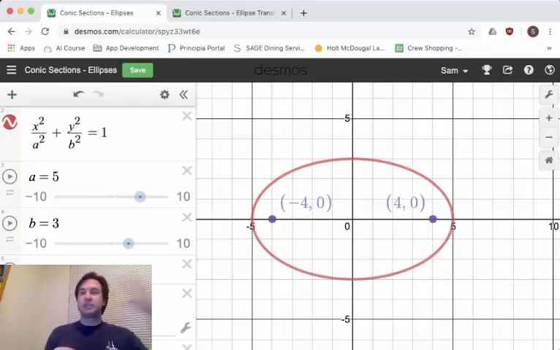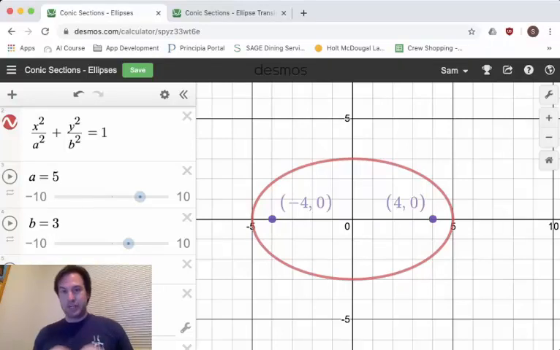If I then pick some other point on the ellipse and connect that point to the foci in the same way, and add those distances up, I should get the exact same sum. That is what makes an ellipse an ellipse. It's the set of all points whose sums of the distances to the foci is a constant.